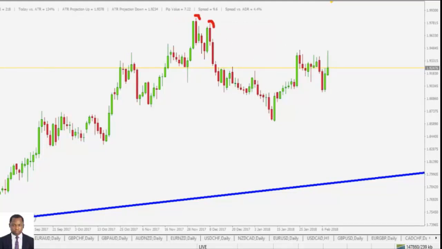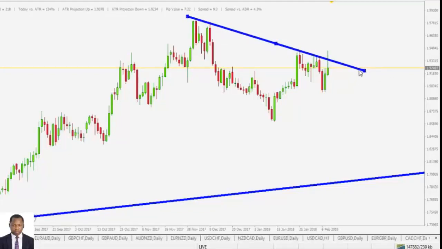So I wouldn't want to just keep that one there. I would like to take into consideration that lower swing high, and you can see again some lower swing highs right there. So let's just connect all of those swing highs. Be very careful and be very accurate with your lines. All right, that's it, well connected.